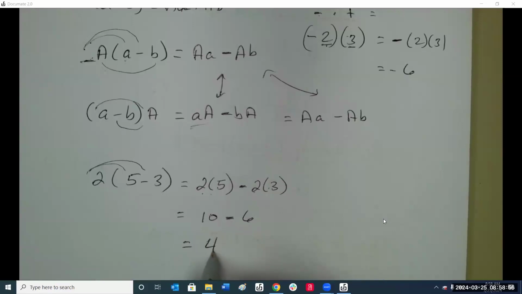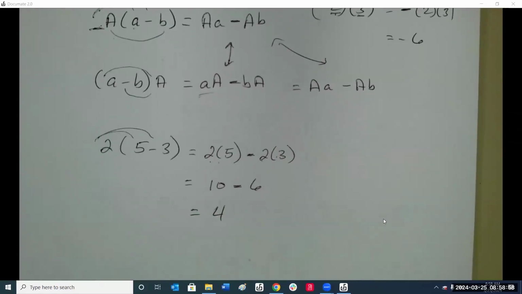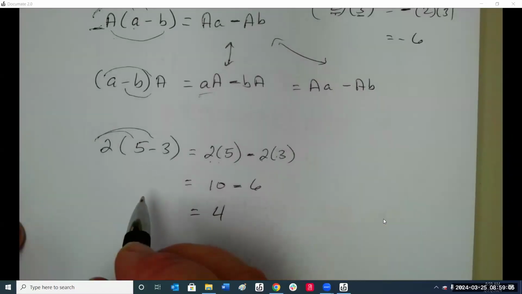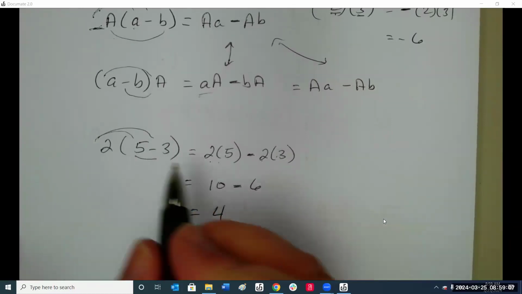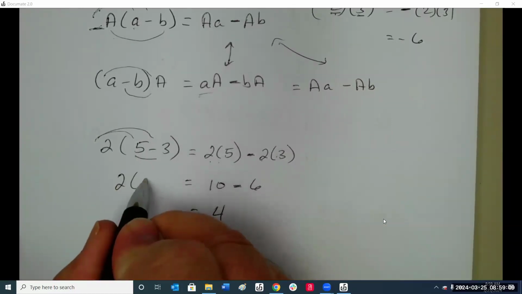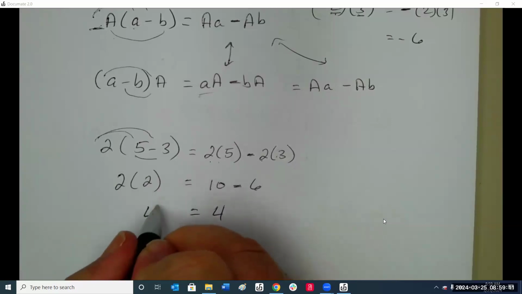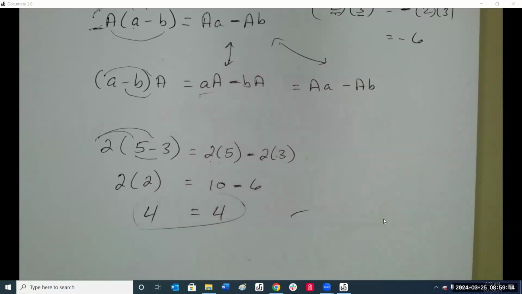So it's 10 minus 6, we get 4. And then the kids always want to check it. Is there any other way we could do it? Yes, we could do it inside the parentheses. 5 minus 3 is 2. 2 times 2 is 4. The same answer, so it works.